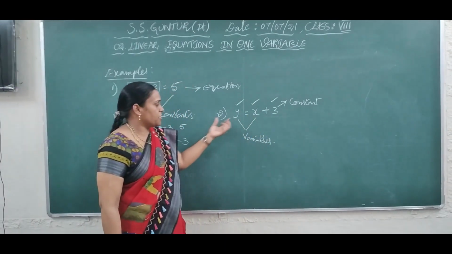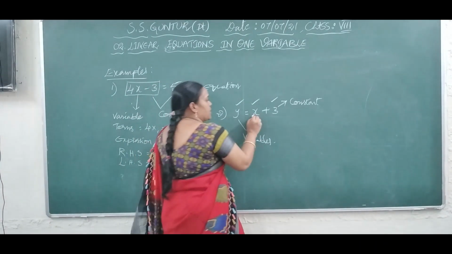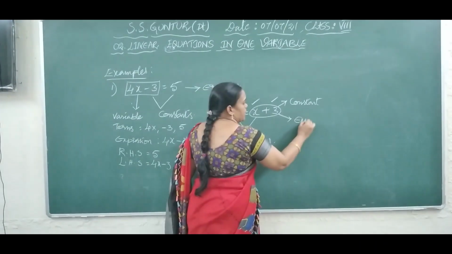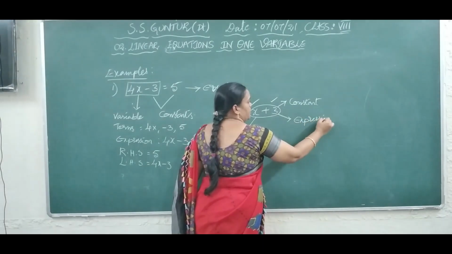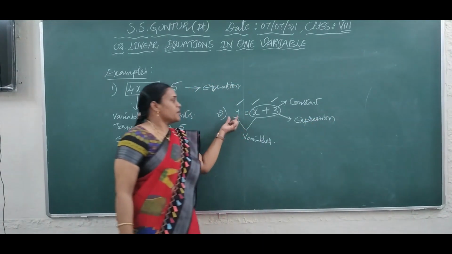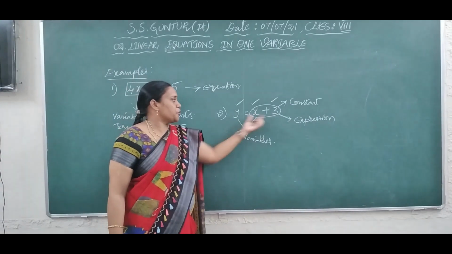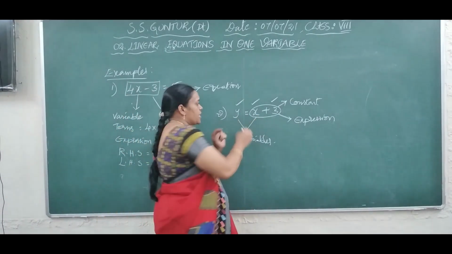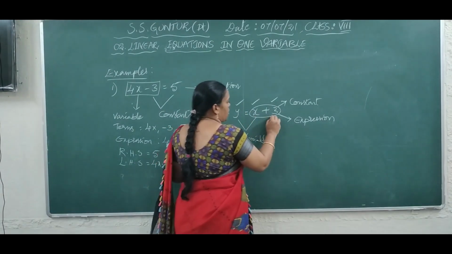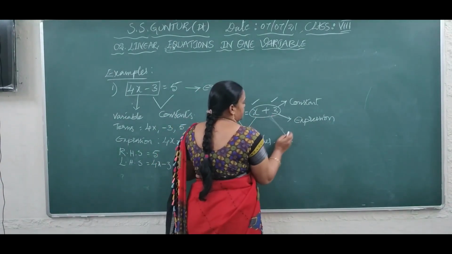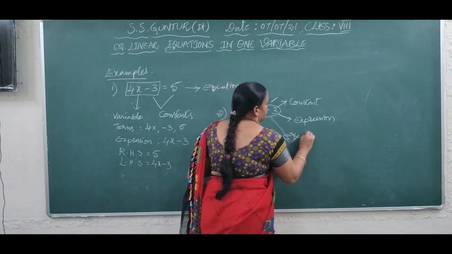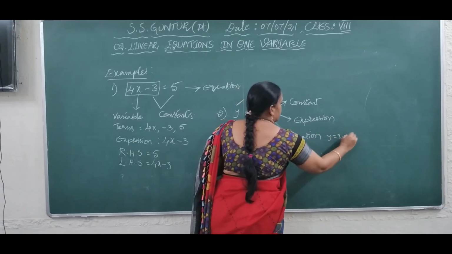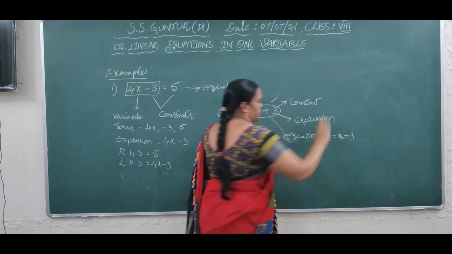Simple, then it is called an equation. So this total is called an equation. Y equal to x plus 3 is an equation.